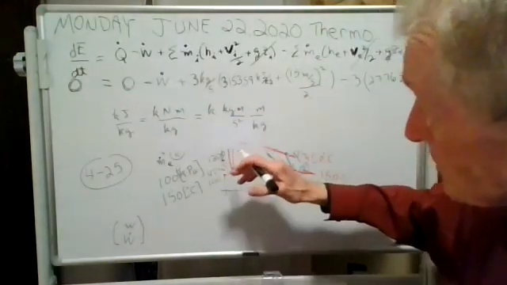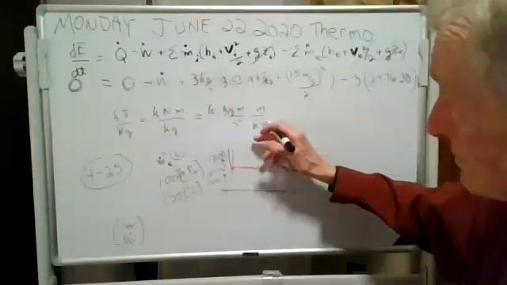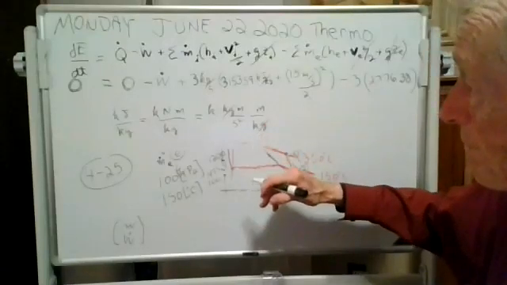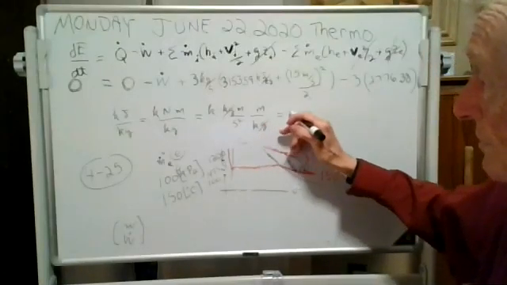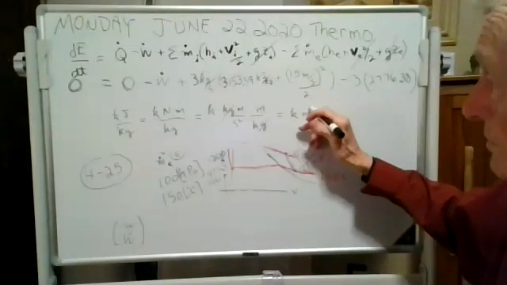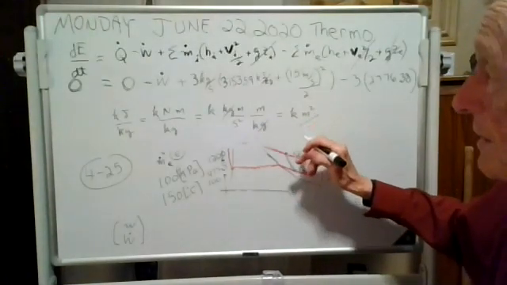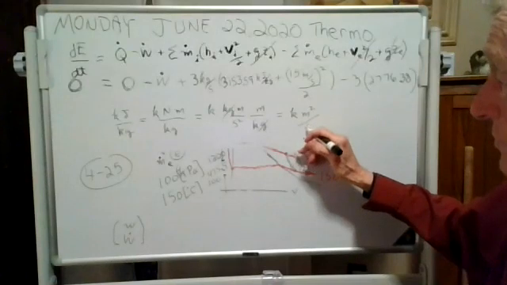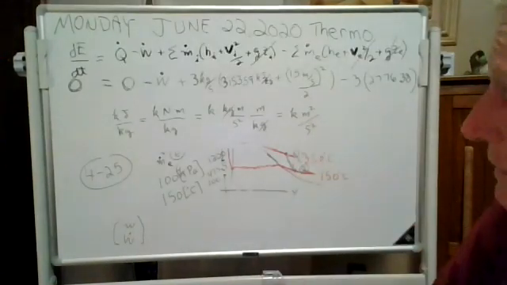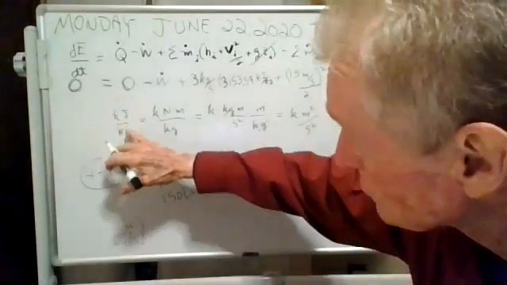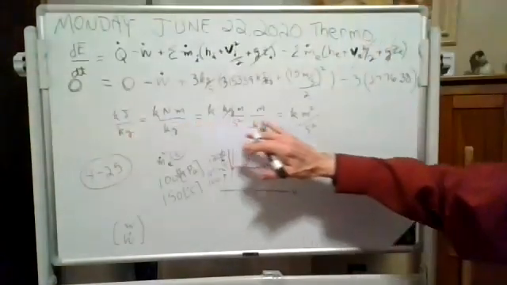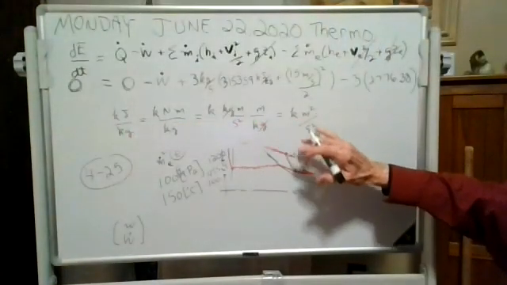Can you see that the kilograms cancel? What you're left with is a kilometer squared per second squared. Can you see that a kilojoule per kilogram is equal to a kilometer squared per second squared?